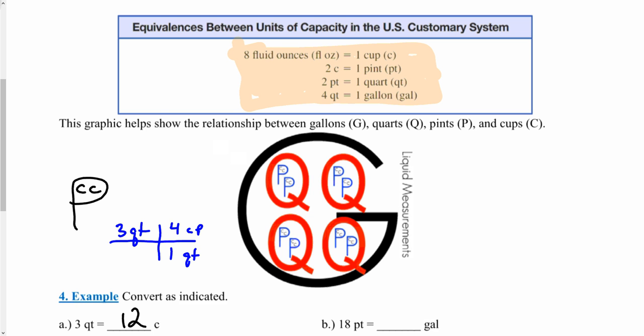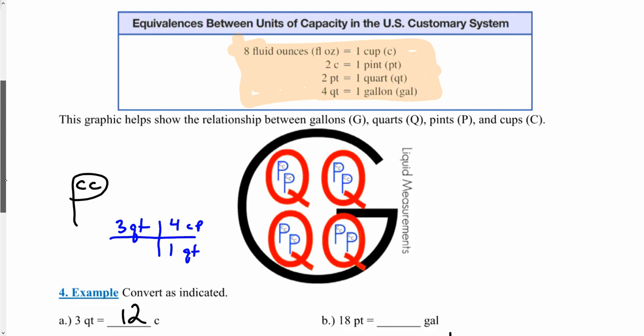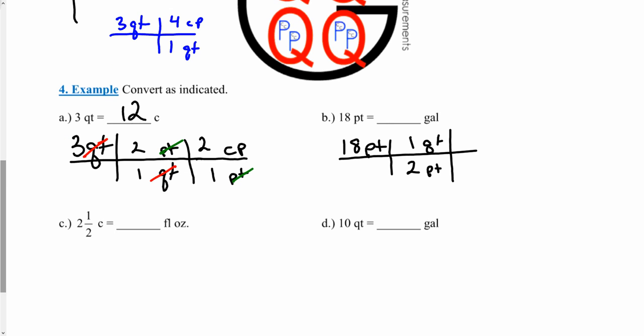All right. Okay, so let's keep going here. Of course, our pints cancel. And now all I have is quarts. Well, quarts isn't what I want, so my next step will be to write quart on bottom and gallon on top. Then we'll say there are 4 quarts in 1 gallon. And then quart cancels with quart.